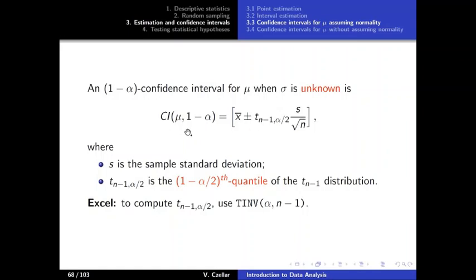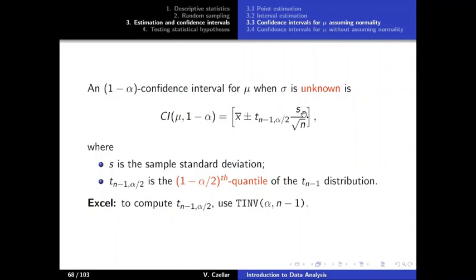Otherwise, the confidence interval does not change at all, right? We still have this form for the 1 minus alpha confidence interval for the mean. The only thing that changes is that instead of z, we now have t, and t takes this parameter n minus 1, otherwise we still have this alpha divided by 2.